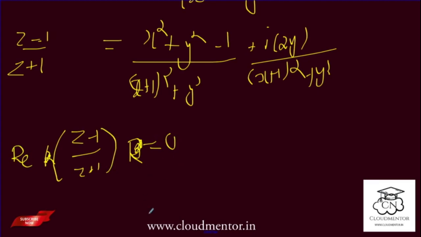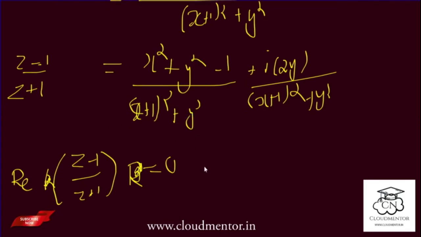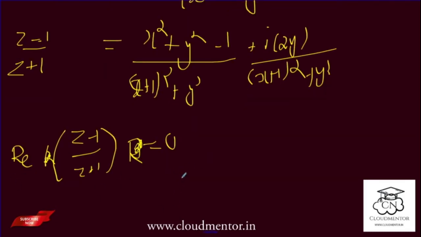Okay, so the real part, which is x square plus y square minus 1 by x plus 1 the whole square plus y square. So I am applying that here, that is we get x square plus y square minus 1 by x plus 1 the whole square plus y square, and that is equal to 0.